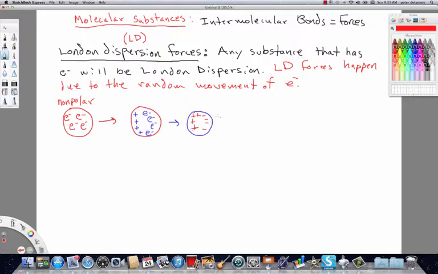But here's the deal with it. If this is next to another molecule, which it's going to be in the situations that we're talking about, then the molecule next to this has no choice but to respond to that polarization. You can't put a charged particle next to something else that's got electrons in it without the electrons in that particle responding. So when this particle comes in contact with this particle, the electrons in this particle are going to shift away because of repulsive forces, and you're going to get a polarization like this.